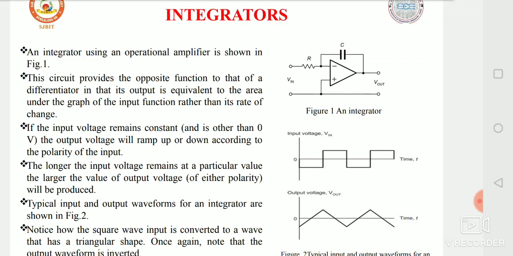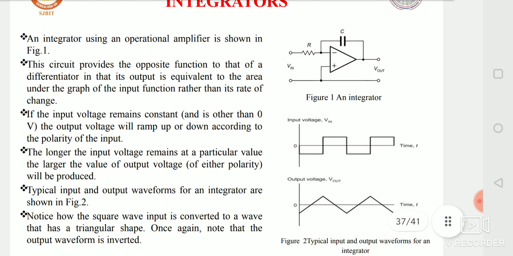The circuit provides the opposite function to that of a differentiator, in that its output is equivalent to the area under the graph of the input function rather than its rate of change.